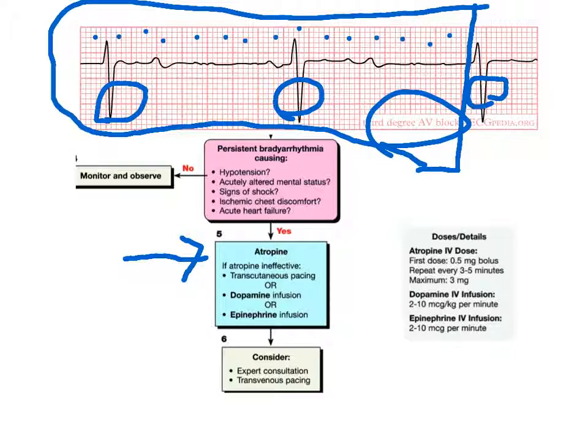So as soon as I see this, I'm putting pads on, and again, getting out the dope and epi and preparing those therapies, as well as preparing myself to deliver those therapies, and with the pacer pads on. And I'm going to try some atropine, but I'm not going to rely on it. And if this patient is tremendously symptomatic, if this patient really fits in this pink box, has 2 or 3 of those, then I'm going to move rapidly to pacing, and also rapidly to the phone, rapidly to get some expert consultation.